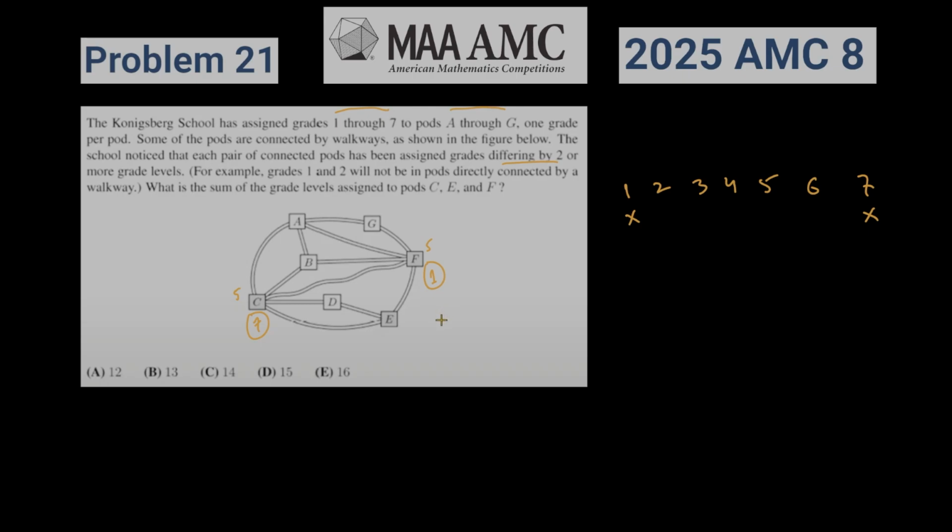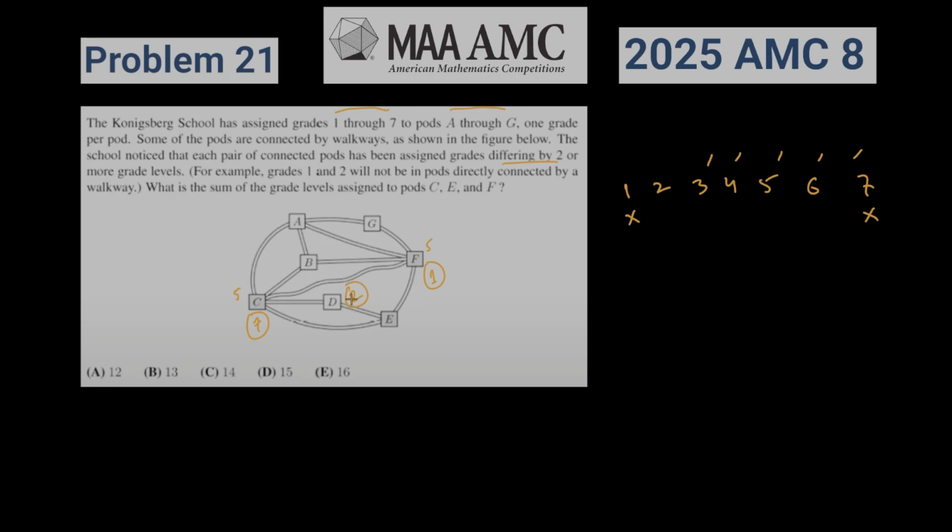Now, what about the others? So you see, D is the only one that is not connected to F, right? So that means D would be 2, because all the ones that are connected to F would take the values of 3, 4, 5, 6, and 7. Okay, so D has to be 2.